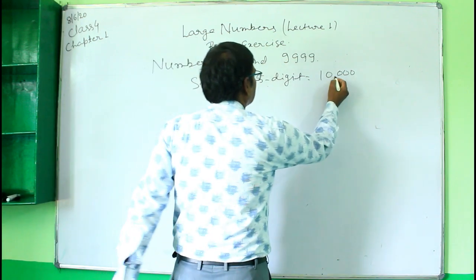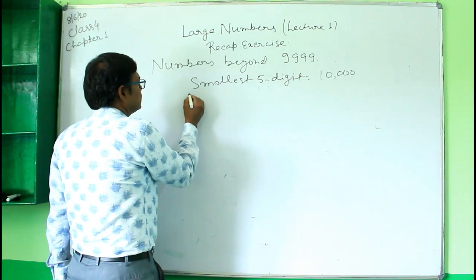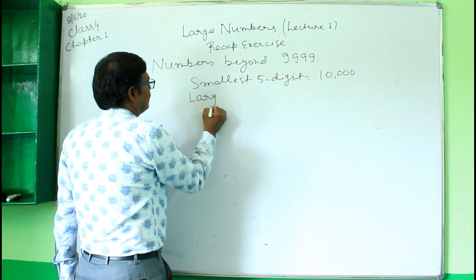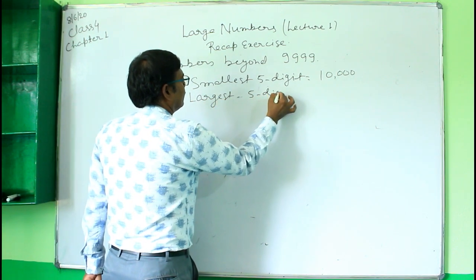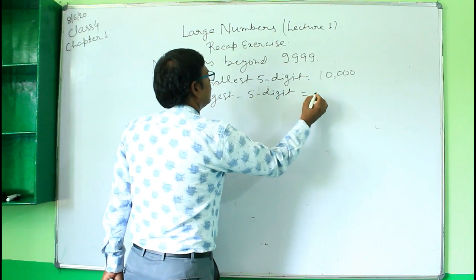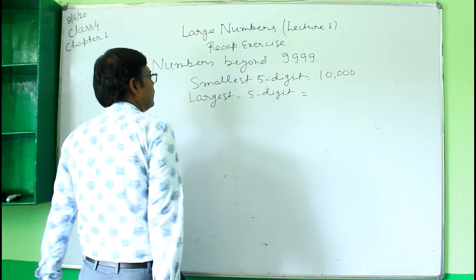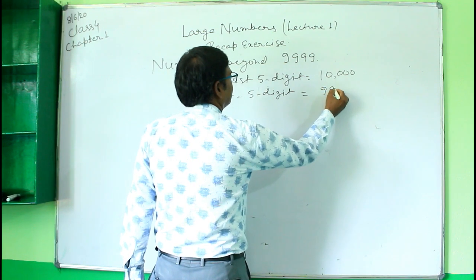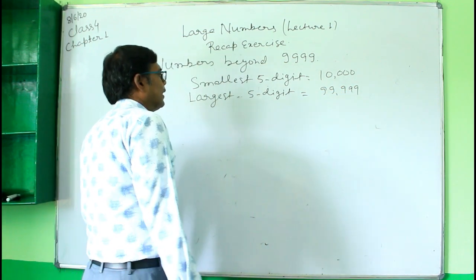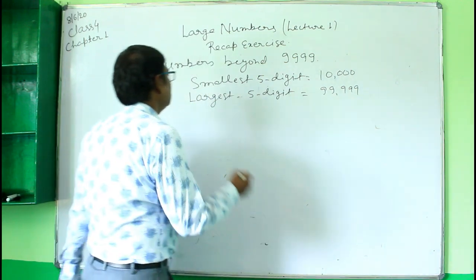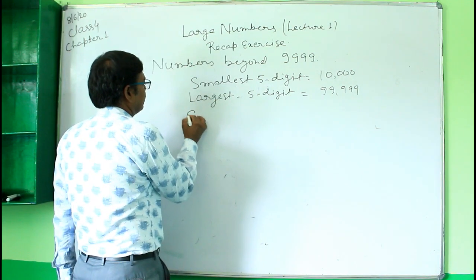This is the smallest 5 digit number, and the largest 5 digit number is this, that is 99,999.